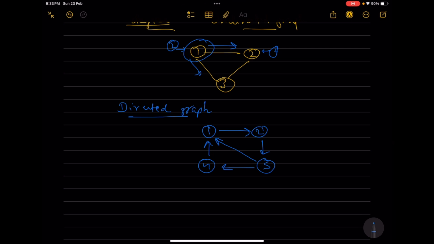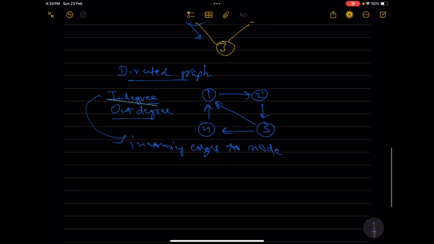In a directed graph, there can be two types of degree. In degree and out degree. In degree is nothing but the incoming edges to a node, and out degree is nothing but the edges going out from the node.